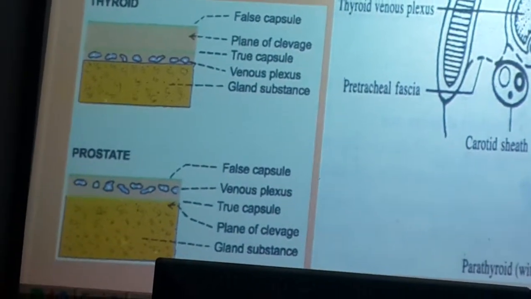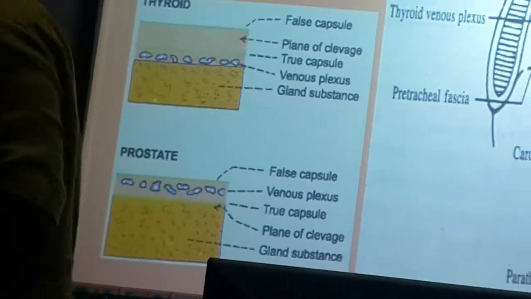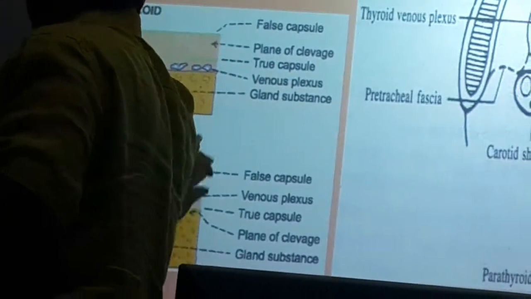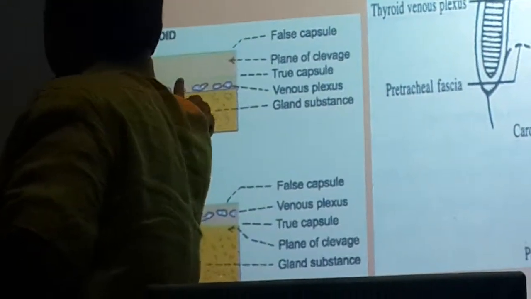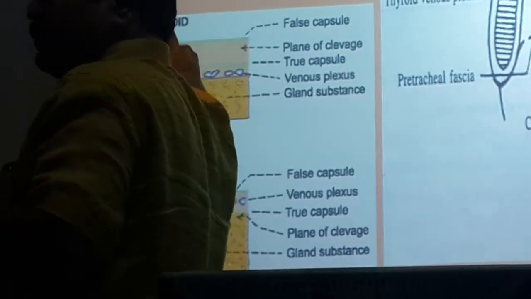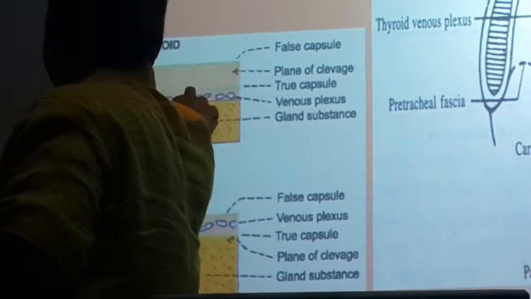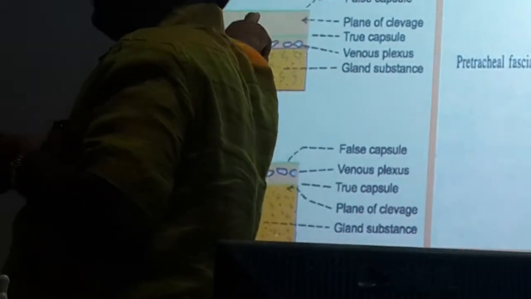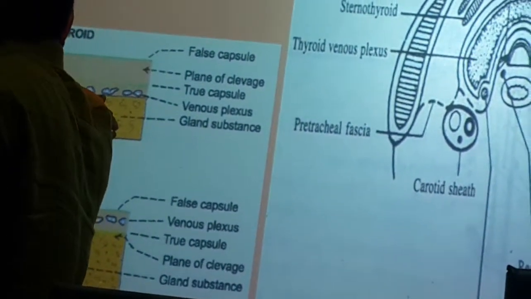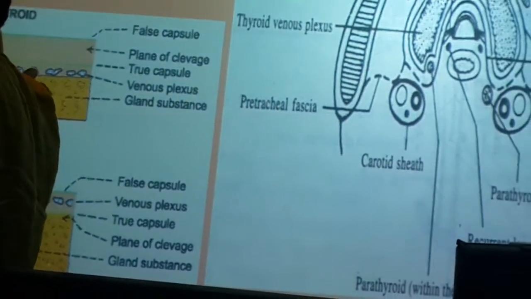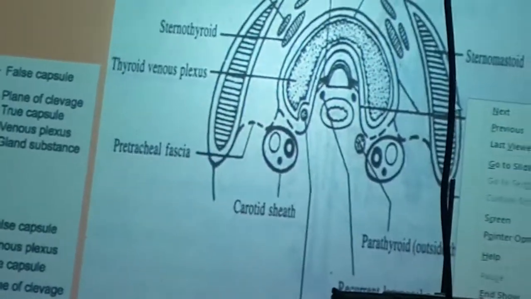So this is a thyroid gland, glandular tissue, true capsule immediately after glandular tissue, and then there is a false capsule. In between glandular tissue and the true capsule, there is a venous plexus.